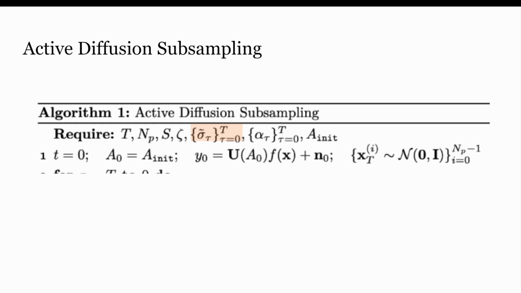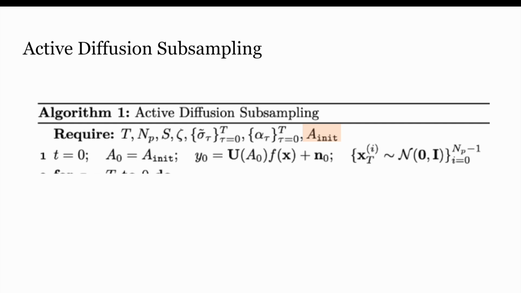Then we've got the variances, or standard deviation, of the noise that we add during the diffusion process for stochastic generation. Here we have our alphas, which are our signal rates, and our initial actions. In some cases, you might want to start off with some manually selected measurement locations.